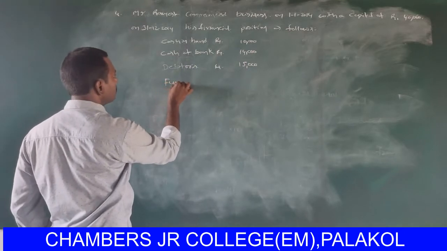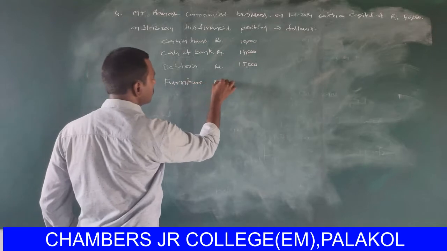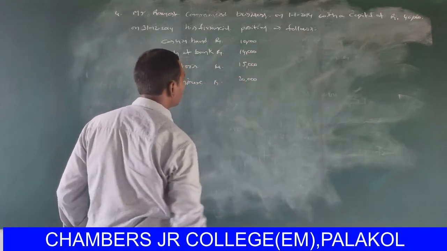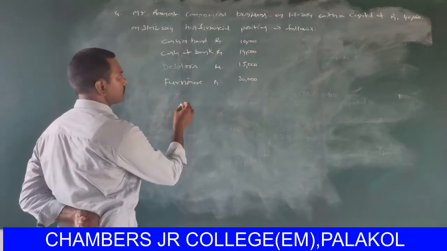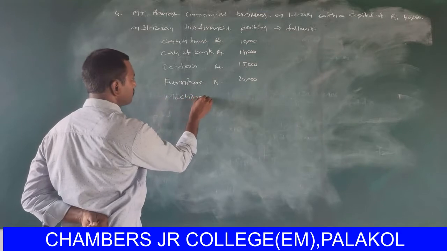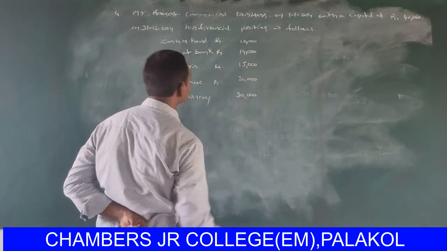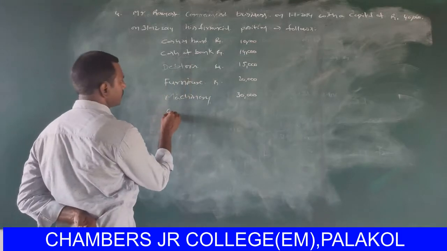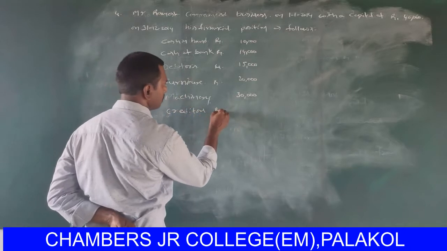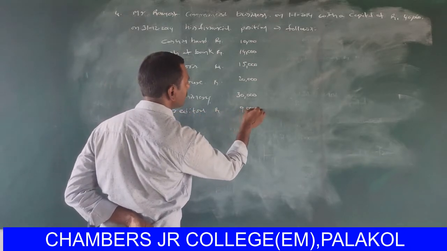Furniture rupees 20,000. Machinery rupees 30,000. And creditors rupees 9,000.